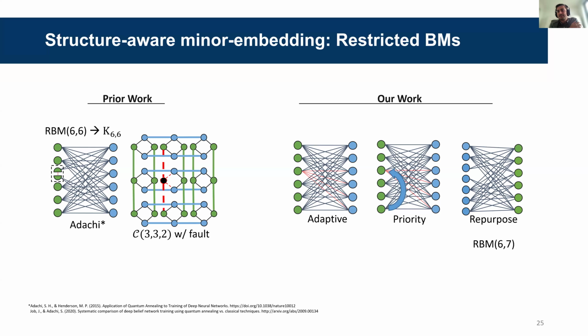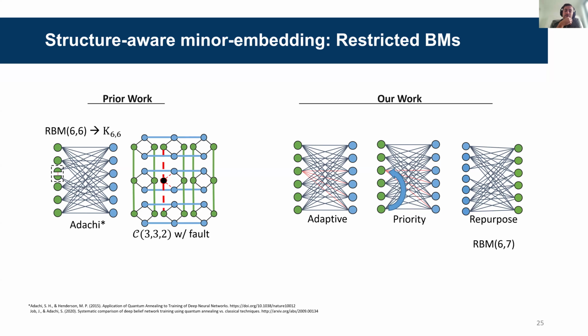So first of all is what we call adaptive. And this is when we keep just one of the subchains. Pretty easy. If it's broken, you just pick either the one that's more connected or you pick randomly. Second, there is one that we call priority. And this is when we can swap, for example, label nodes in classification tasks onto more connected chains, because there's some priority associated with that node that needs to be more connected.